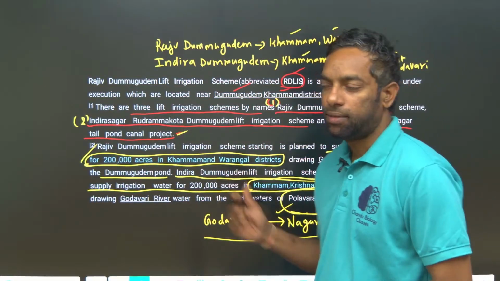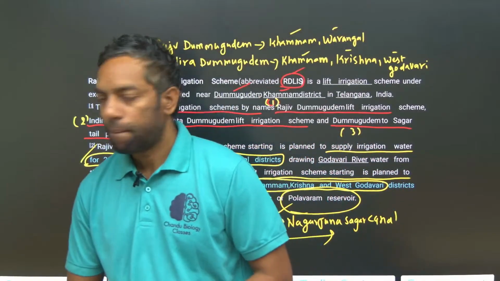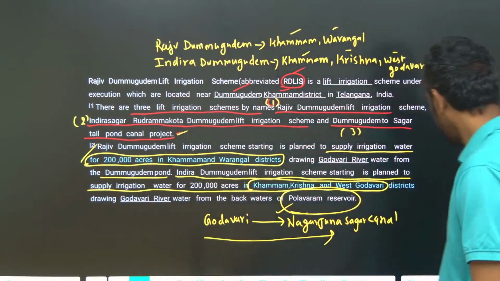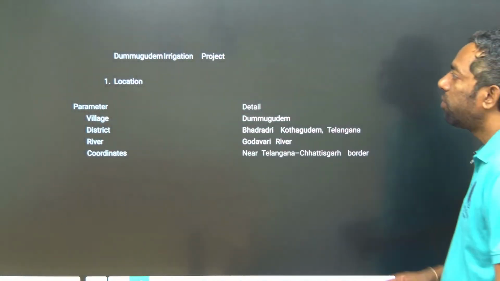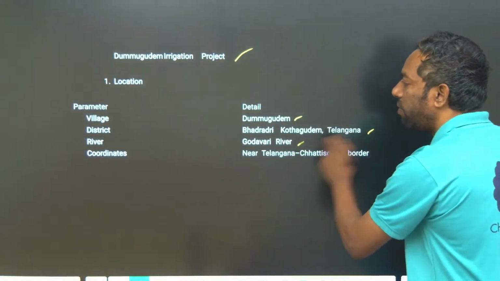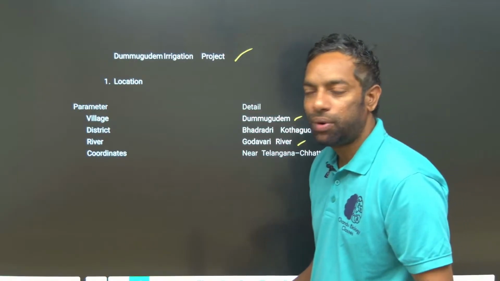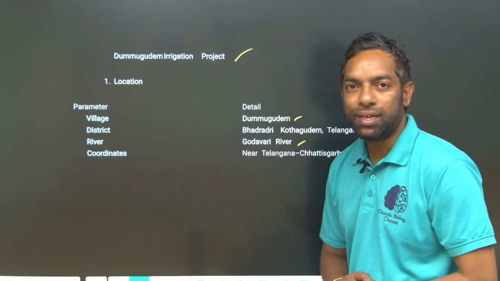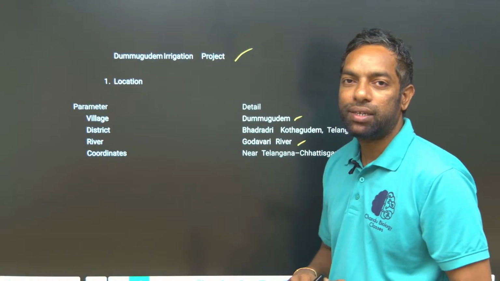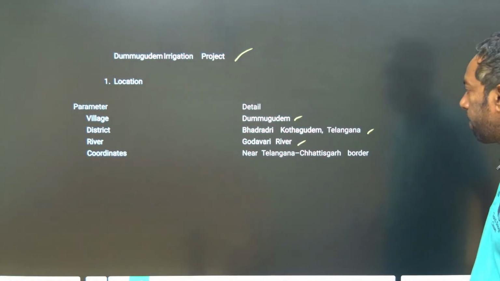Now, the Dummagudem lift irrigation project, more about it. The village is Dummagudem, the district is Bhadradri Kothagudem, and the river is Godavari. This is the short detail about Dummagudem.